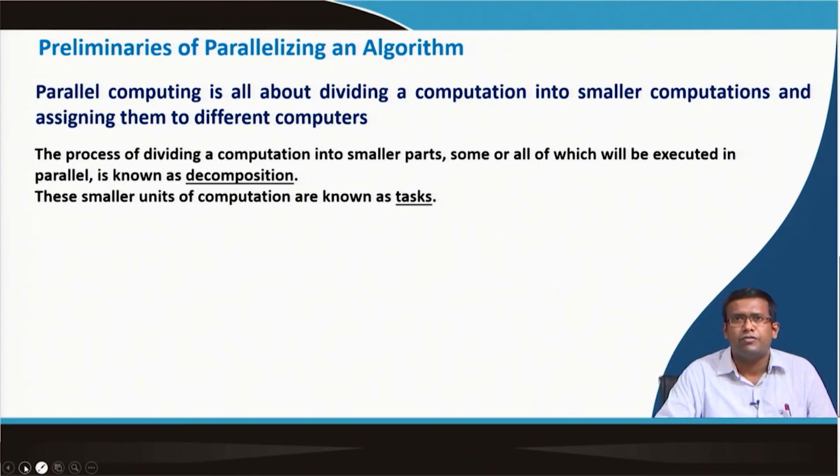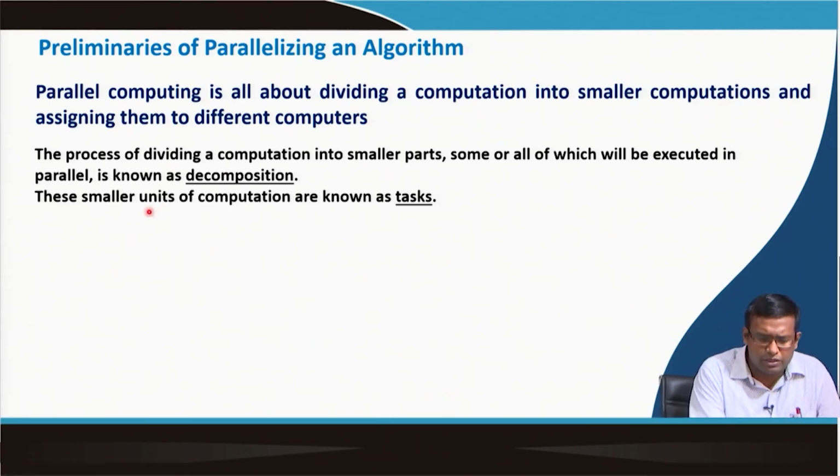The process of dividing this computation into smaller parts, all of which will be executed in parallel, is known as decomposition. The smaller units of computation are known as tasks.